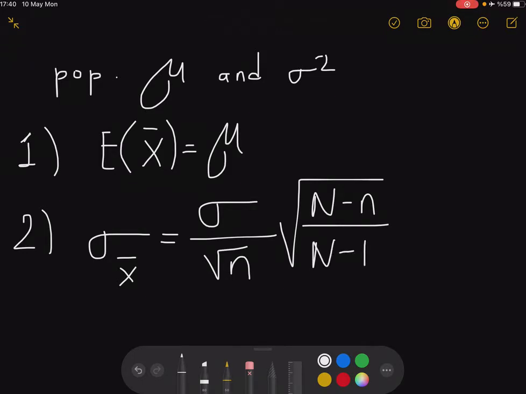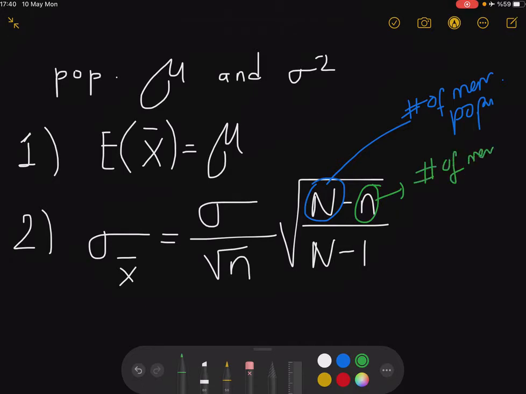Here, the capital N corresponds to the number of members in the population, and this small n corresponds to the number of members in the sample set.